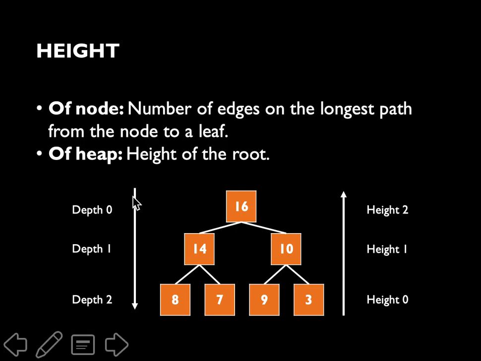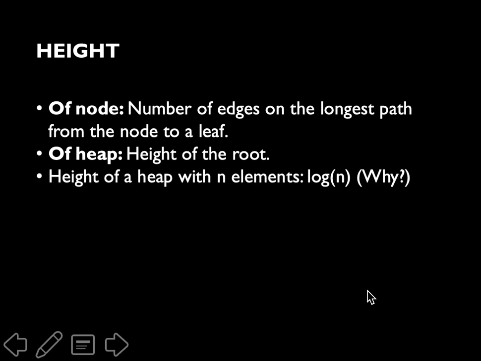It means that the root will always have depth 0, and the leaf will have the deepest depth. And so depth and height, they go in opposite directions. And lastly, the height of a heap with n elements will be log n. Why is this? Now I'll leave you to figure it out.